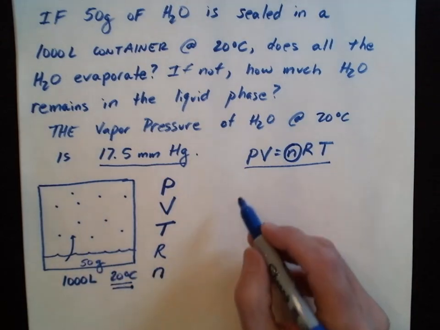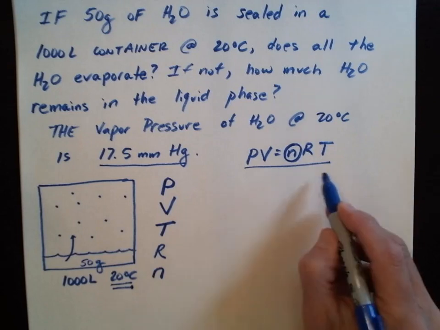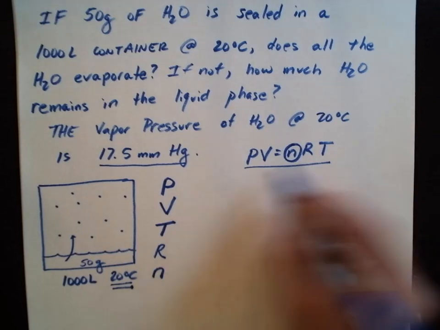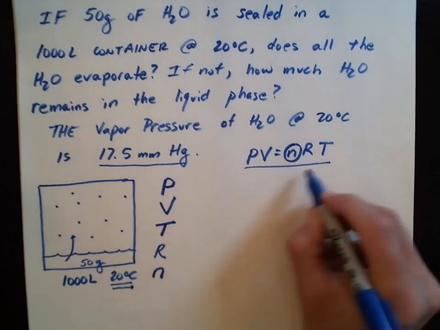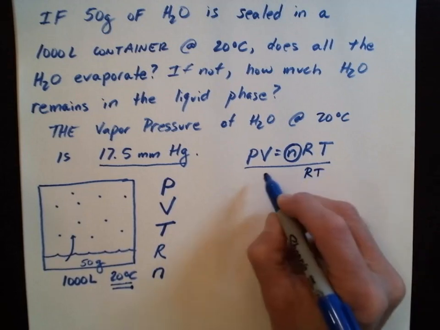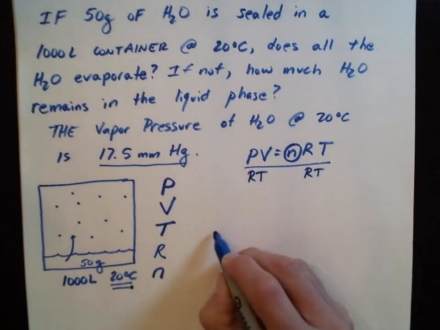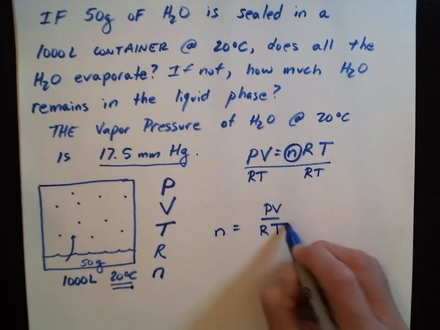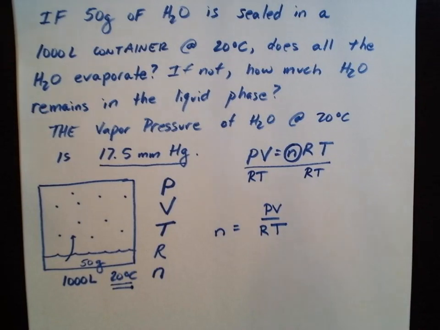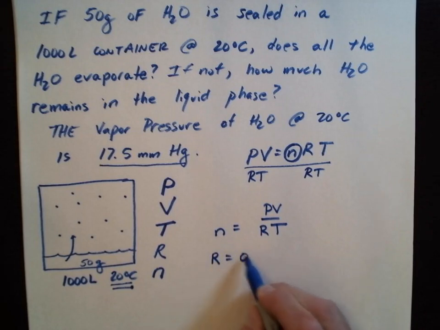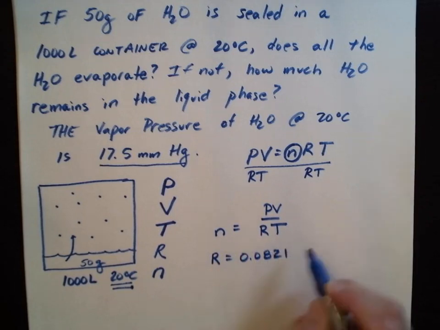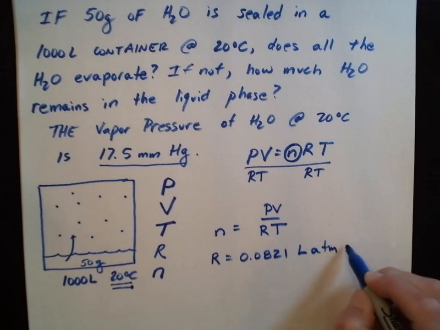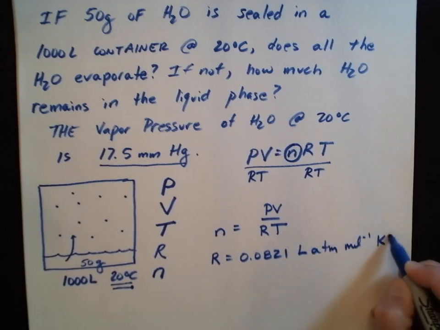So let's remind ourselves of what we're going to need our units in if we're going to use this equation. If we want moles, which is what we're looking for, we just divide both sides of this equation by RT. And our moles is going to be PV over RT. So R, we remember, is 0.0821 liter atmosphere per mole per Kelvin.